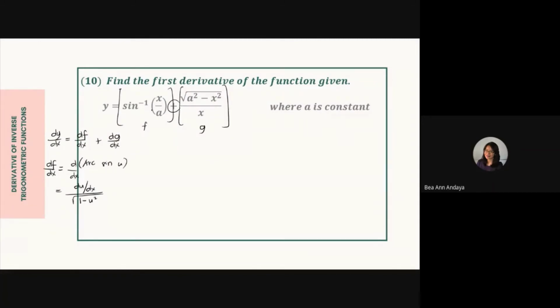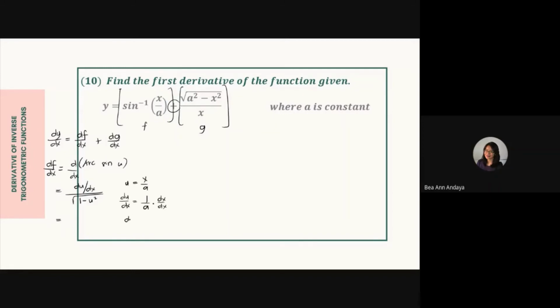In this case, in our inverse sine of x over a, ang u natin dyan is equal to x over a. And ang du over dx natin ay equal agad sa 1 over a multiplying it to dx over dx. Again, a is taken as a constant, so pwede mo agad ilabas yung constant dyan. And then you derive the inner function, let's say the x, as dx over dx.